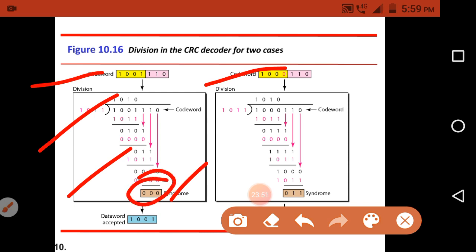If the syndrome value is 0, then it is not corrupted, and we accept that particular data word, that is 1001, from the code word, since the code word has not been modified at the time of transmission.